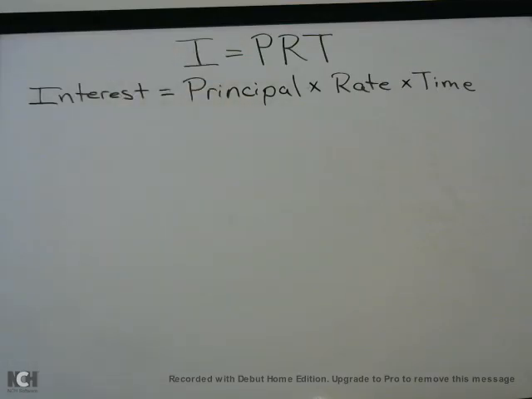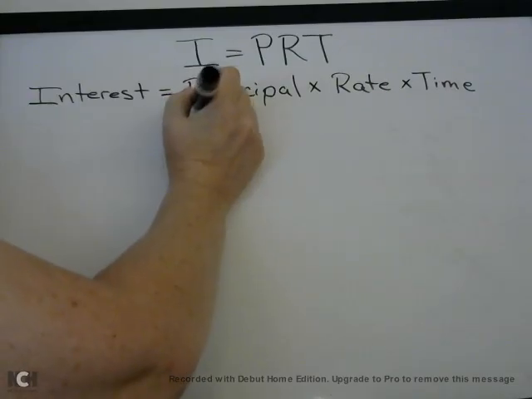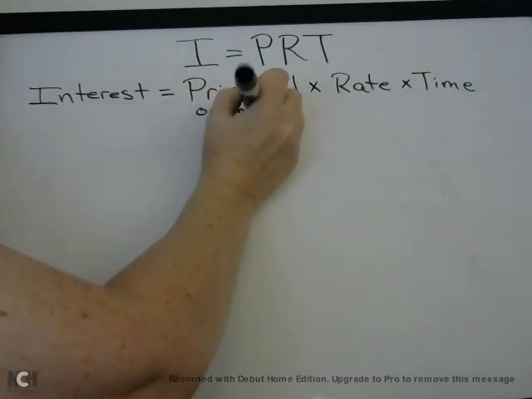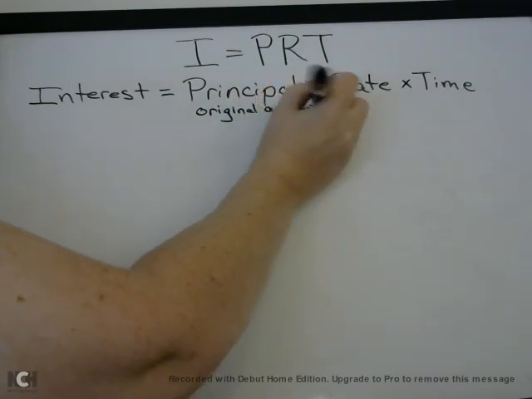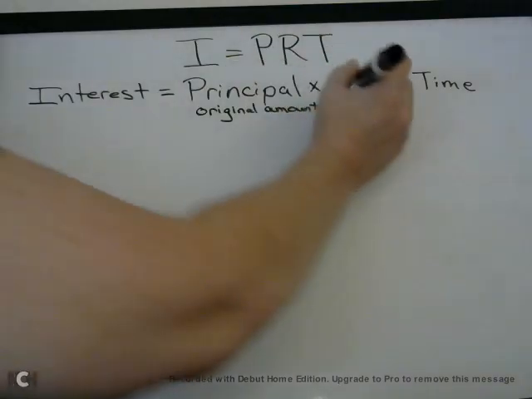Principal is that original amount of money that you either borrowed or invested. So we'll just write original amount. That's what the principal is. The rate is that interest rate. It's the rate that you are earning. And so in the GED test, most often this rate is going to be the annual rate.